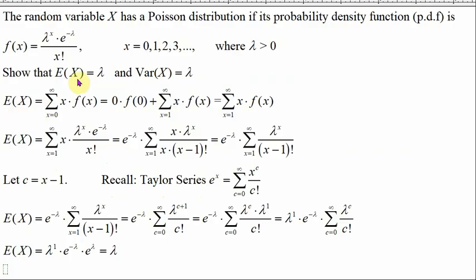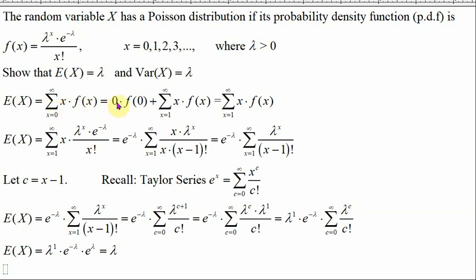And so the first part here, I want to show that the expected value of x is this quantity lambda right here. So the expected value of x is the sum from 0 to infinity of the expression x times f of x.